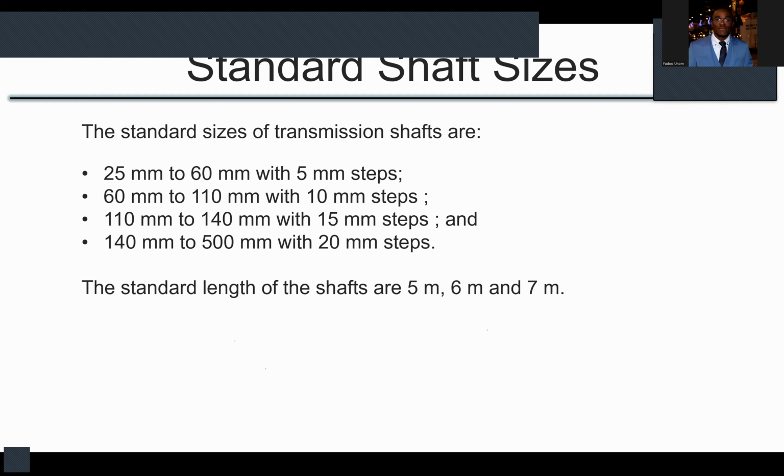And so common logic will tell you that you cannot select a size lesser than what you've calculated. If you do, then you're already planning for failure, because your calculation is telling you that if these are the forces you want to transmit, if this is how you have arranged your shaft and your shaft elements, and if this is the material you say you want to use, then the diameter of your shaft must at least be this so that it does not fracture, it does not fail, it does not have excessive bending.